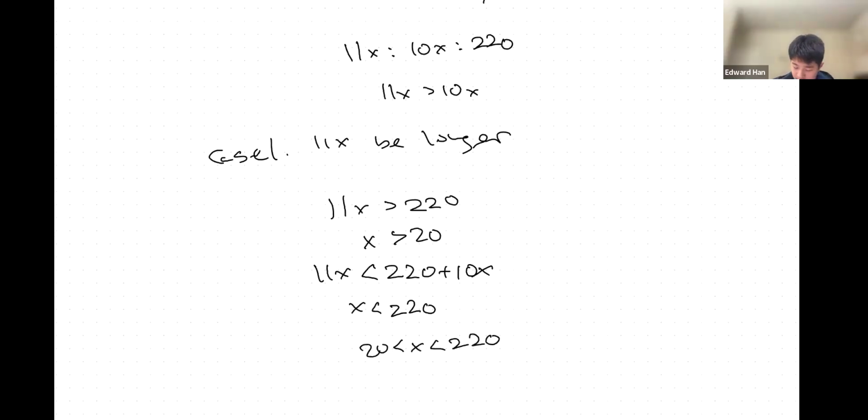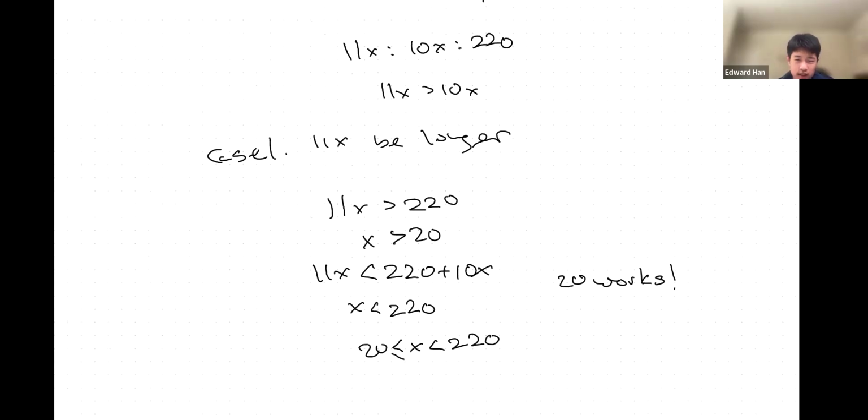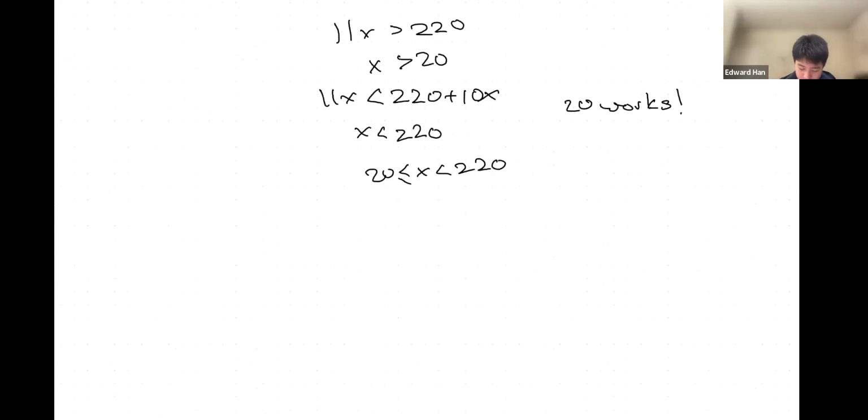Let's quickly check that 20 also works. And so let's just put an equal sign here, and ignore this 20 case later. So our next case is that 220 is longer. So obviously in this case, x is less than 20. And 220 is less than 10x plus 11x, which is 21x.